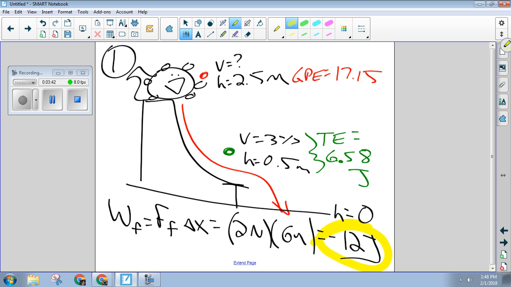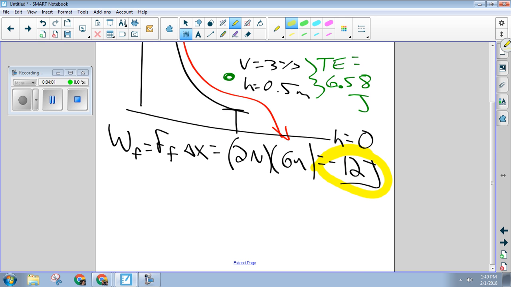You're losing energy. So what that means is, on the way down the slide, I lost 12 joules of energy. How much did I start with? 6. So that means at the top, I must have had 12 more, right? So 18, right? Point whatever, right? Now, if you prefer to do it using math, that's cool.